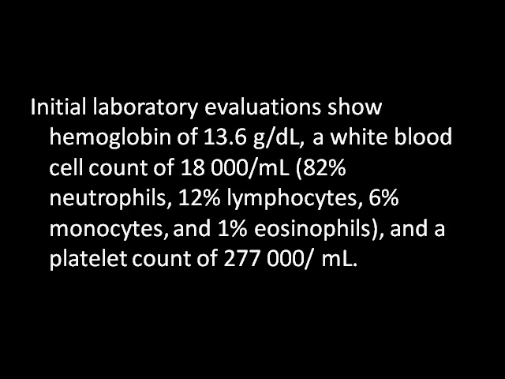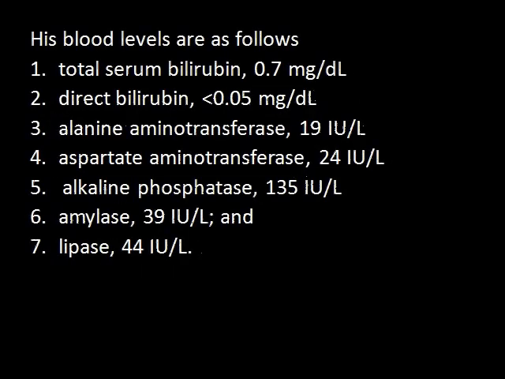Initial laboratory evaluation shows hemoglobin 13.6, WBC 18,000, neutrophils 82%, lymphocytes 12%, monocytes 6%, eosinophils 1%, and platelet count 277,000. His blood values are all normal: serum bilirubin, direct bilirubin, alanine aminotransferase, aspartate aminotransferase, alkaline phosphatase, amylase, and lipase are all normal.